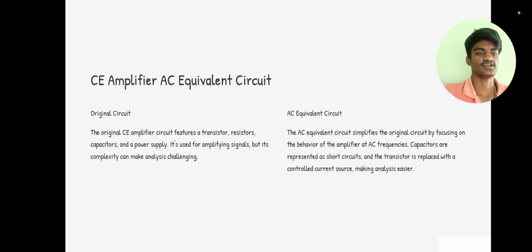Equivalent circuit. The AC equivalent circuit simplifies the original circuit by focusing on the behavior of the amplifier at AC frequencies. Capacitors are represented as a short circuit and the transistor is replaced with a controlled current source, making analysis easier.